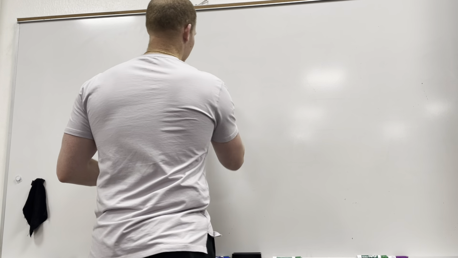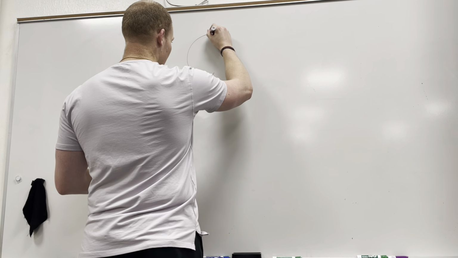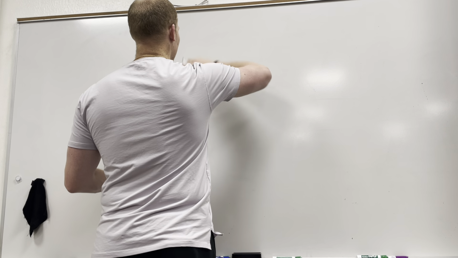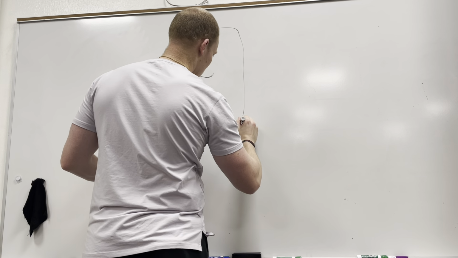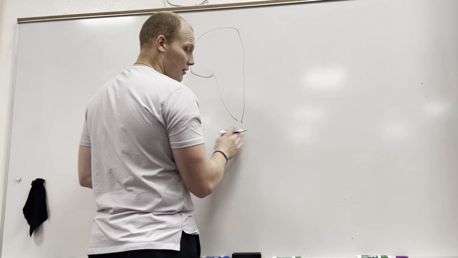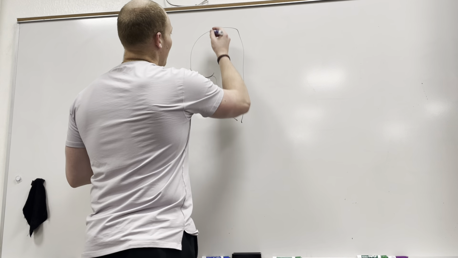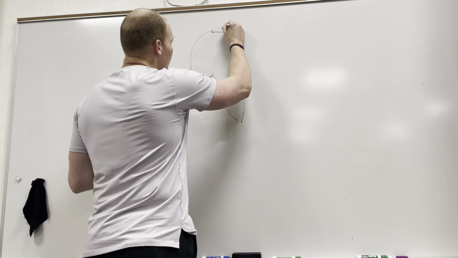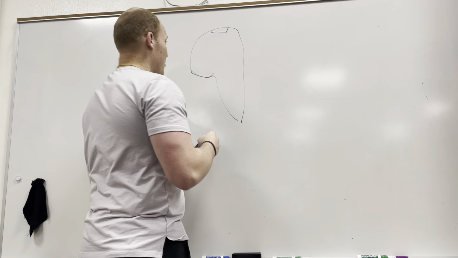So, with smell, we have a big old nose looking thing here. It's not great, but it's the best I can do. Up here at the top, we have what's called the olfactory epithelium.